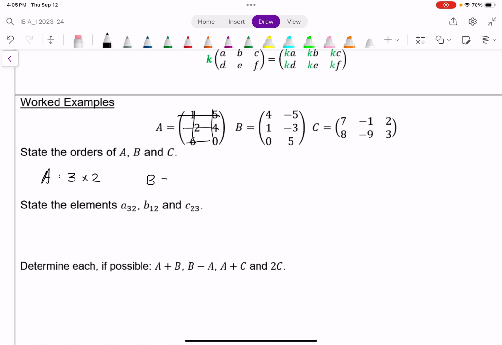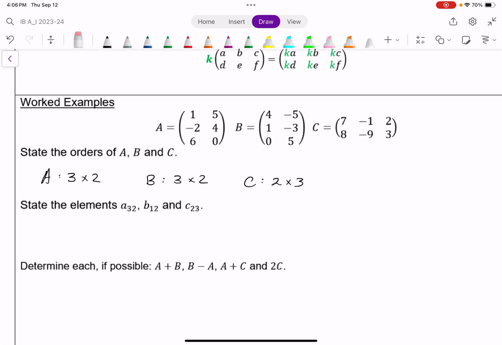Same thing for B, it's the same order, 3 by 2, whereas matrix C is 2 by 3. So we do want to remember it's always rows first, then columns.